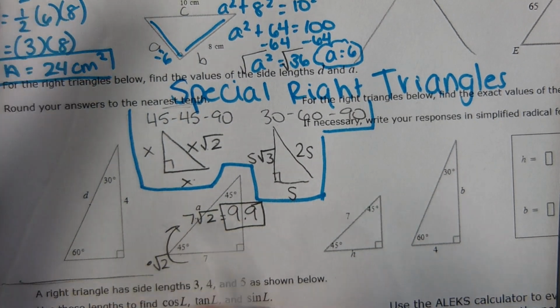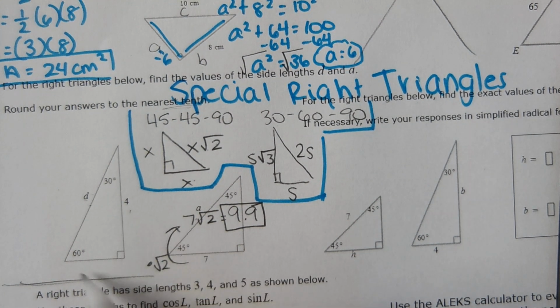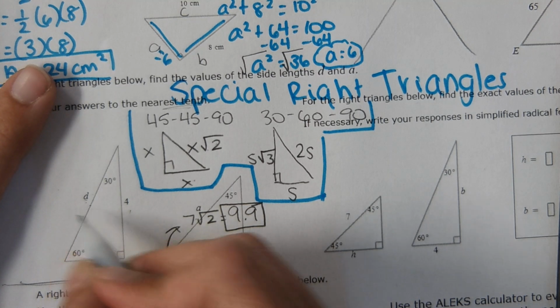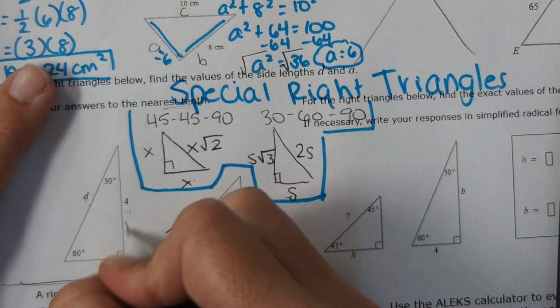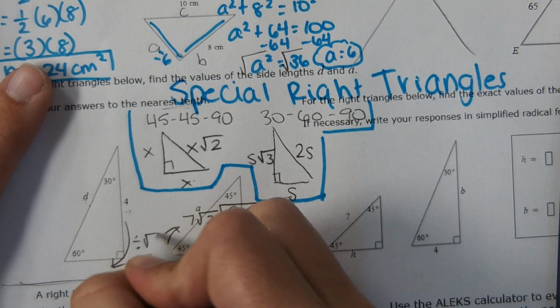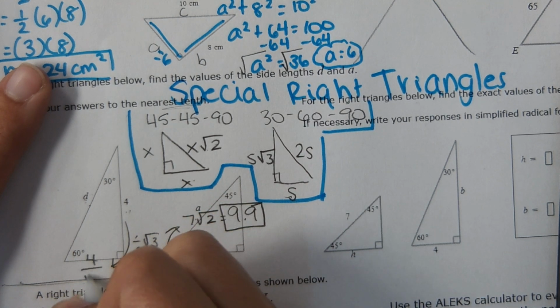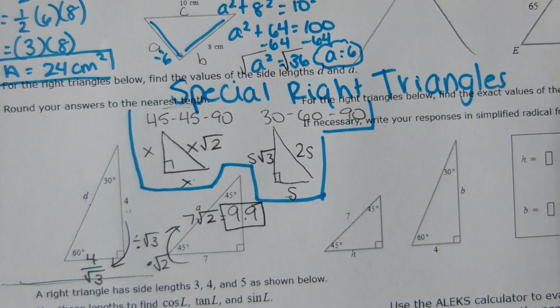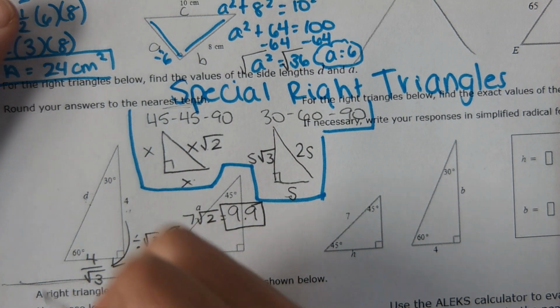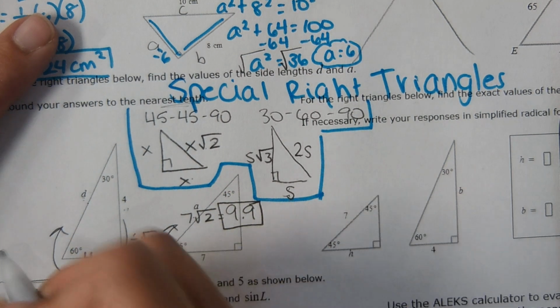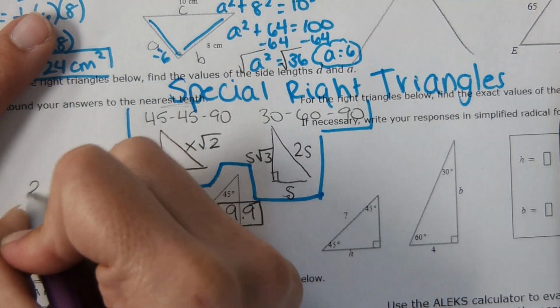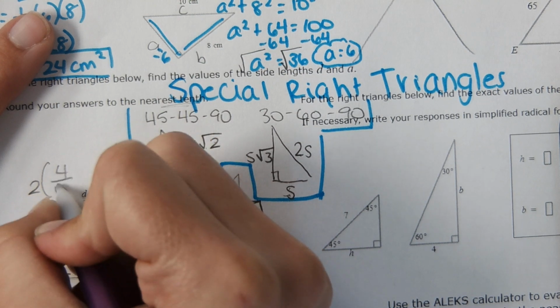Then this one here takes an extra step because we have to go from this side to this side, so we kind of have to go around this way. So to go from here to here, we actually have to divide by square root of 3. So 4 over square root of 3. And then to get over here from short to the long, we have to multiply by 2. So it'd be 2 times 4 over square root of 3.